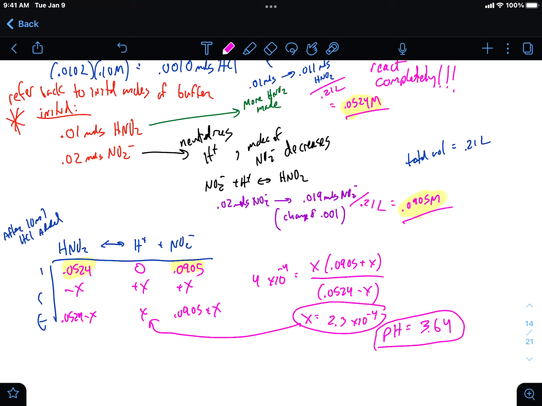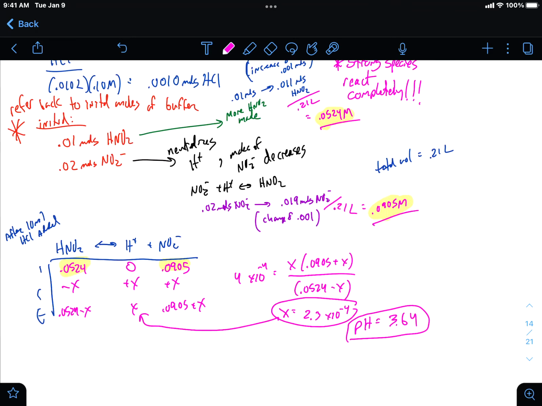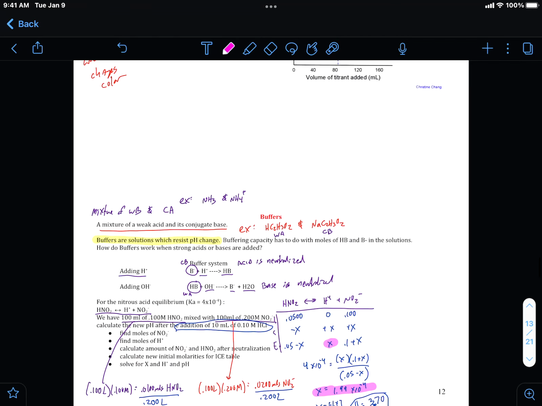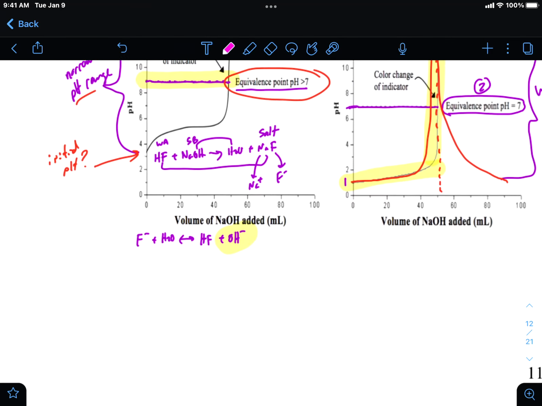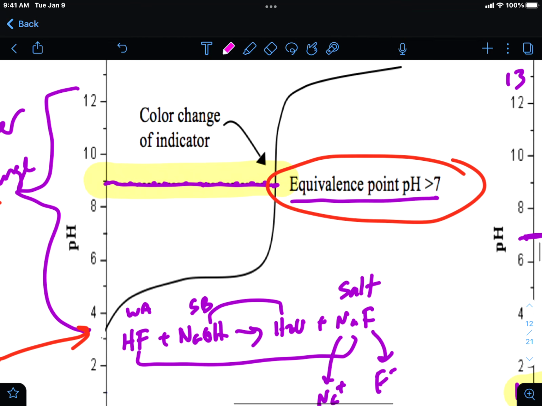So imagine progressively adding more and more acid to this system. Can you imagine that your pH would go 3.6, 3.58, 3.50, 3.47? Incremental changes, right? That's what's going to happen. And that is why in a titration curve, there's an area where the pH barely changes.